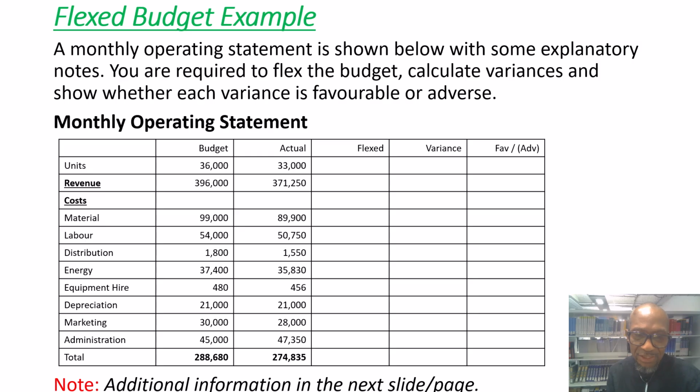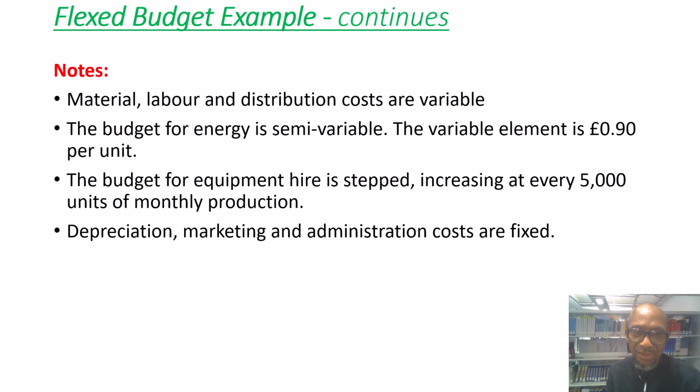Now, look at the additional notes in the next slide. They will help you complete this exercise. Here are the notes. First one, material, labor, and distribution costs are variable. So we need to establish the variable cost per unit for each item. The second note is that the budget for energy is semi-variable.